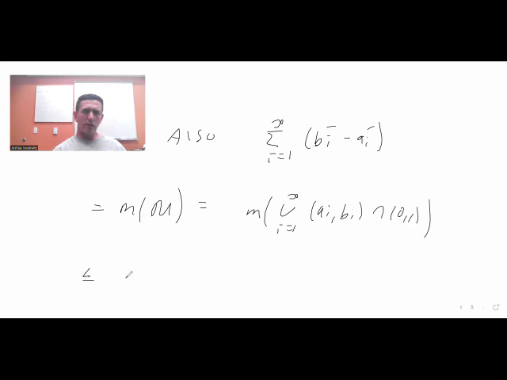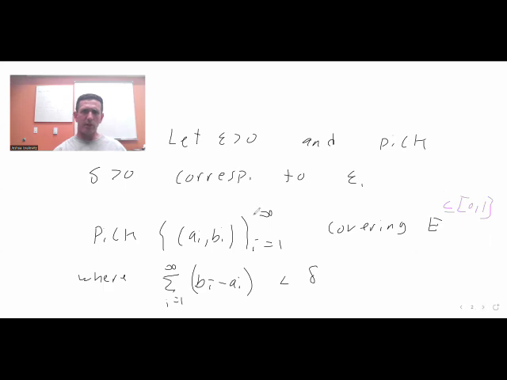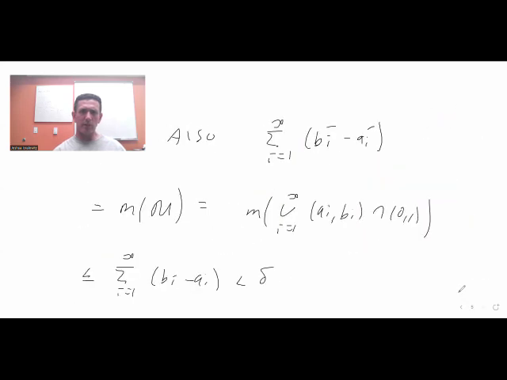So this is going to be less than or equal to, by countable subadditivity, the sum, and that's less than delta because that's exactly how we picked these intervals here. This sum is less than delta. So this sum here actually is also less than delta. This is perfect for absolute continuity.